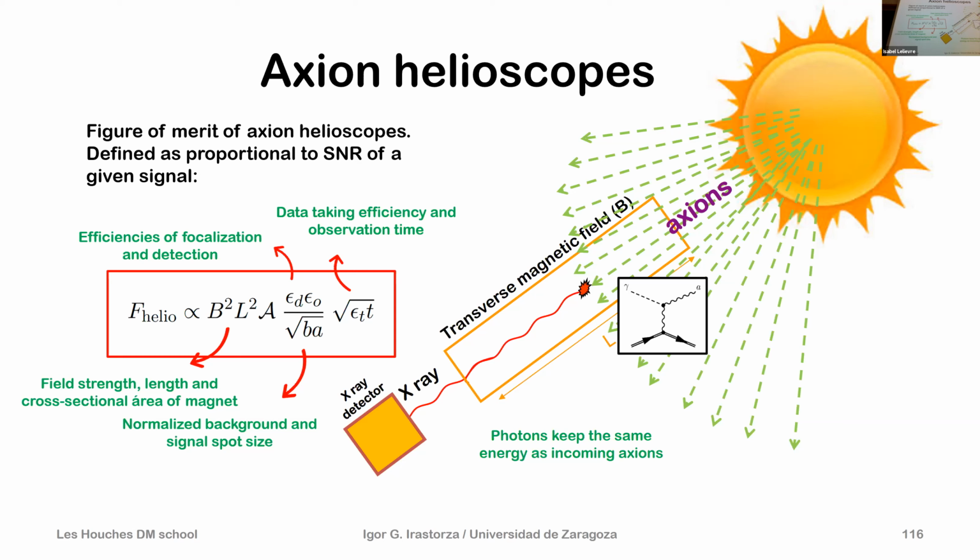So the bigger your magnet, the bigger the amount of axions that will contribute to the signal. And then you have detection parameters, efficiencies of detection, efficiencies of the optics, I will say later on what optics are, the background of the detector, and of course exposure time.